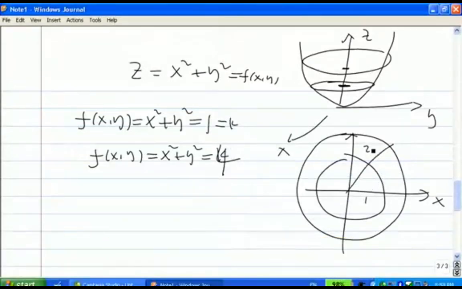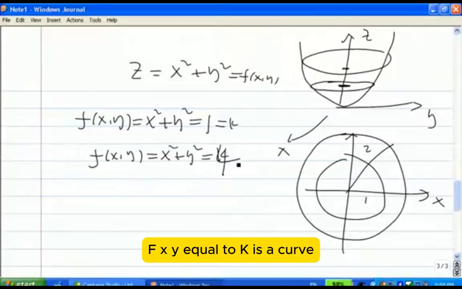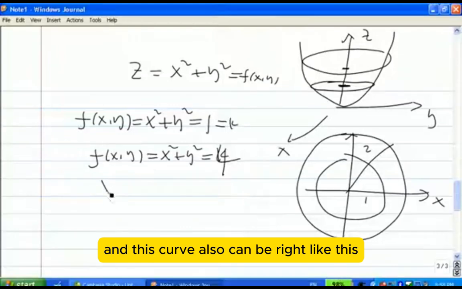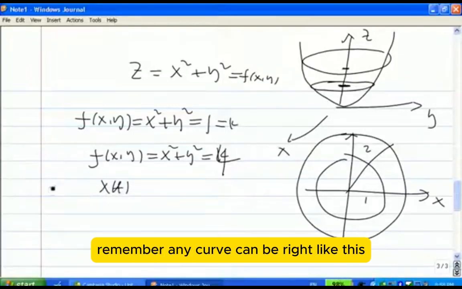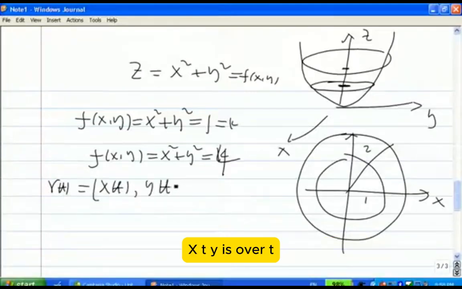Now, f(x,y) equal to k is a curve. And this curve also can be written like this. Remember, any curve can be written like this: x(t), y(t). Same curve.